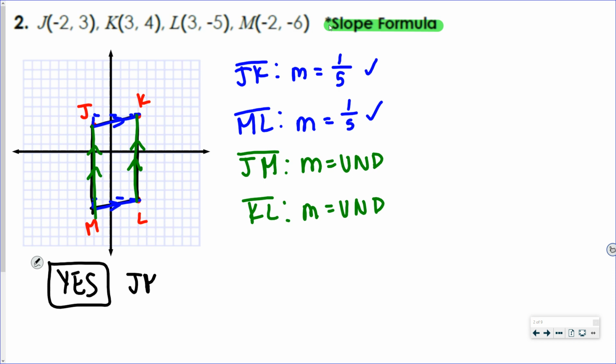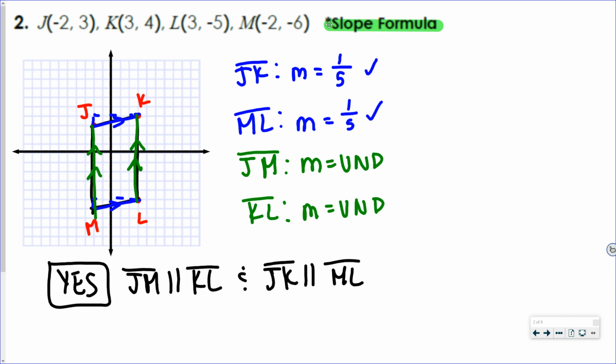So JM was parallel to KL. And JK was parallel to ML.